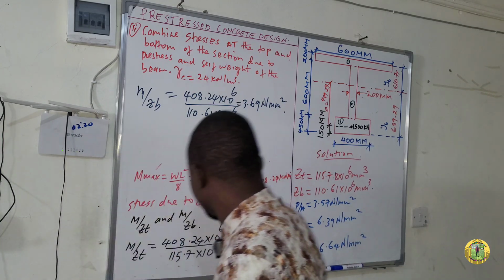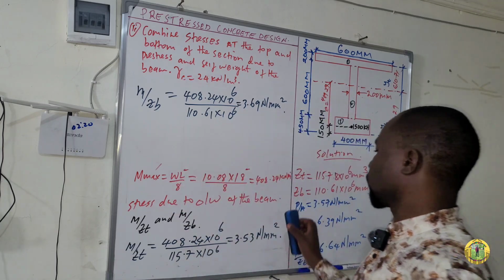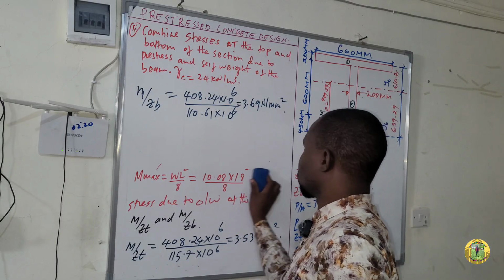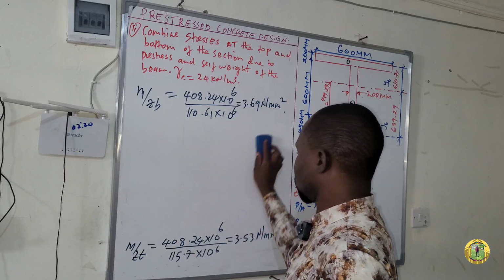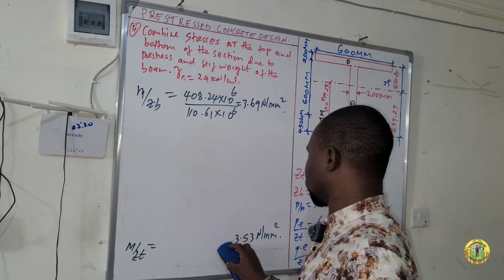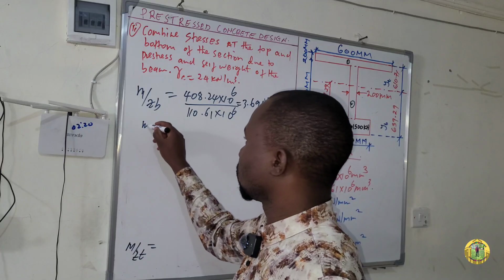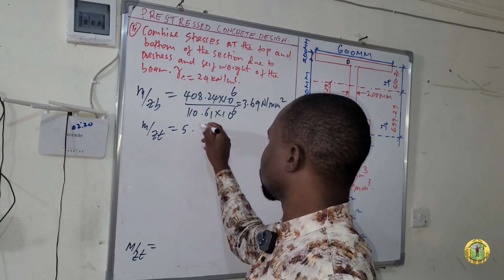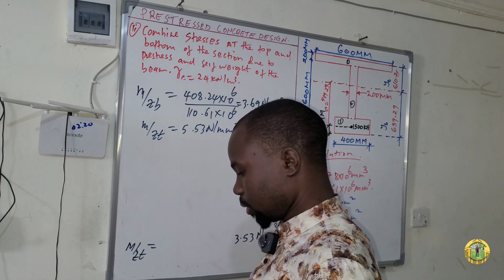After doing so, we now combine all the three stresses. M over Z top is equal to 5.53 Newton per millimeter square.